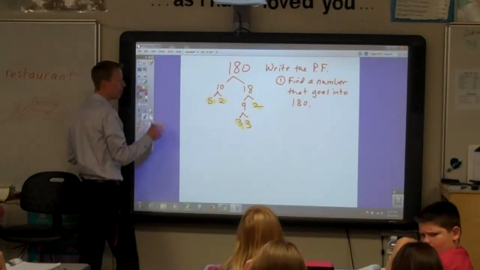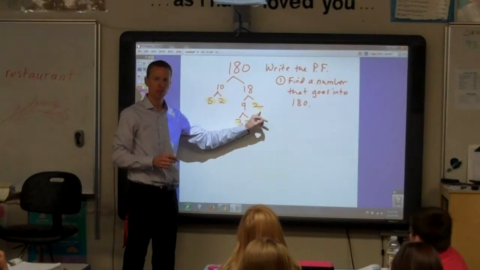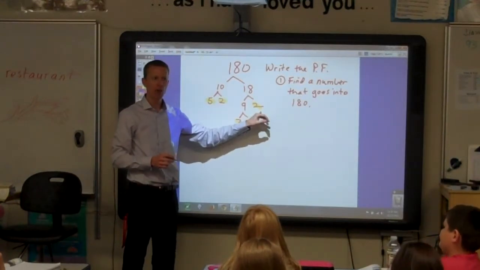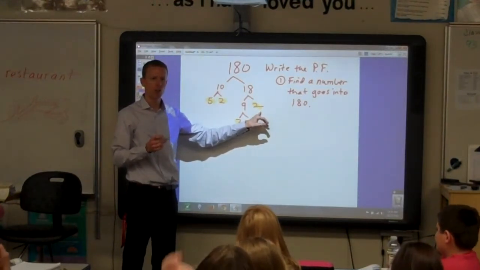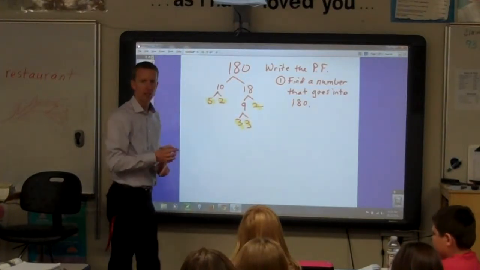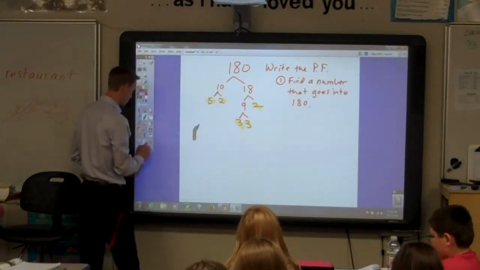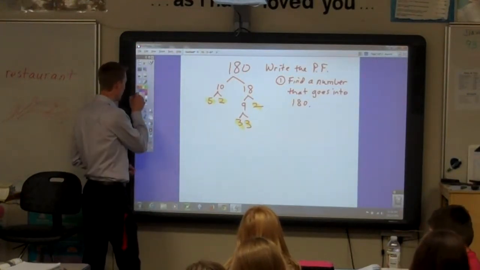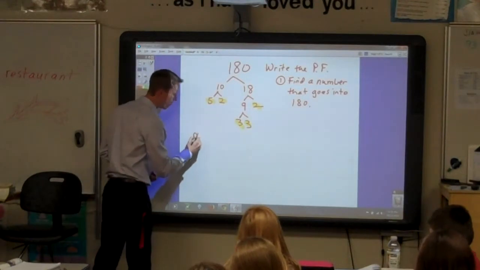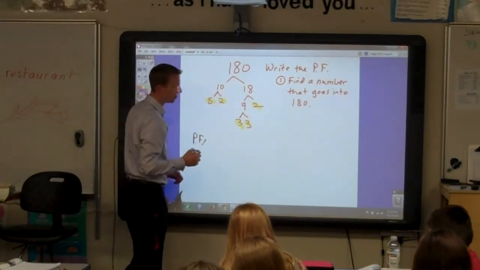So when we're writing the formula, we're going to have to write 2 times 2, right? How else could we write that without repeating the 2 times 2? 2 to the second power. When we're writing the prime factorization, you should be writing this down, by the way, taking notes.